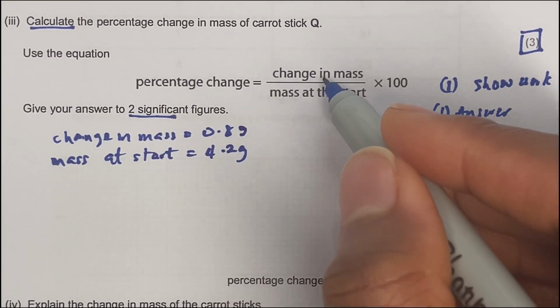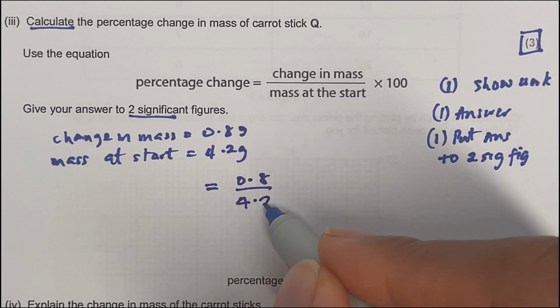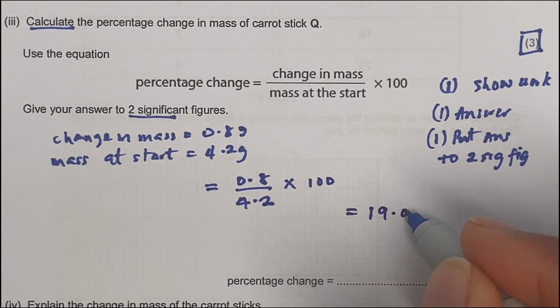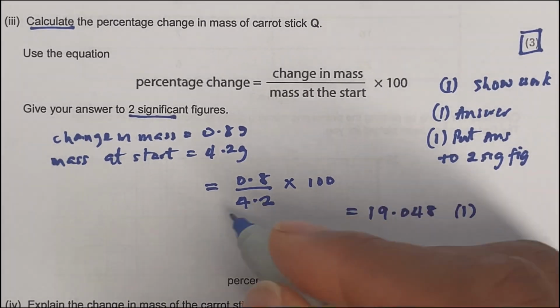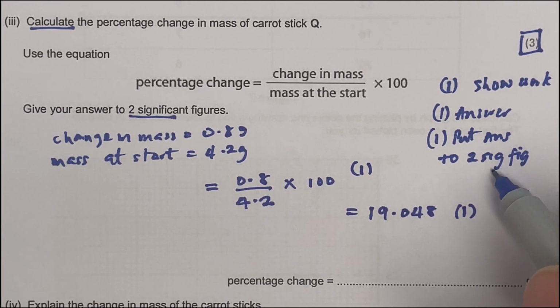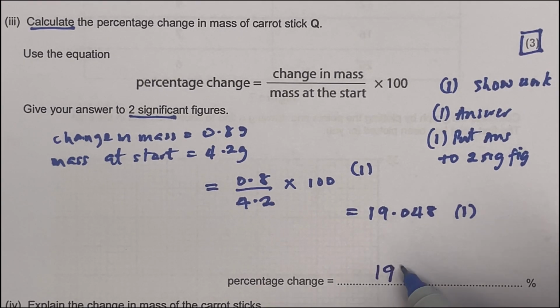So I put these values into this equation. That will give me 0.8 divided by 4.2 times 100. My answer would be 19.048. This gets me 1 mark. My working out gets me 1 mark. Okay, my third mark, I need to put my answer in 2 sig figs. Okay, 2 sig figs will be figure 1, figure 2. So my answer would be 19%.